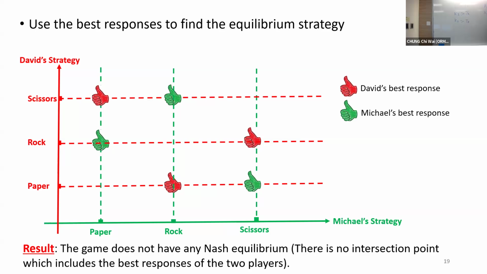The game does not have any equilibrium because there's no intersecting point of the two lines which proves the best responses of the two. If there is an intersection point which is the best response of both players, then that point is an equilibrium.